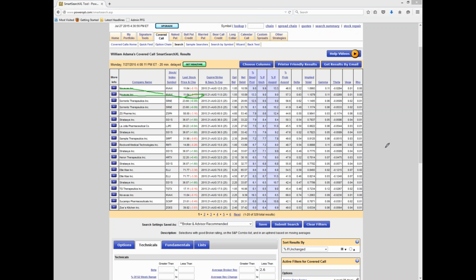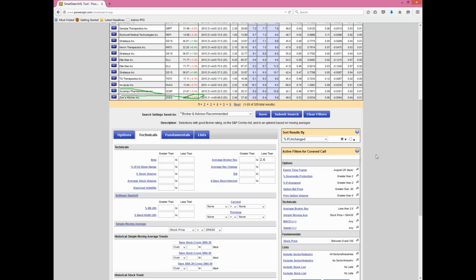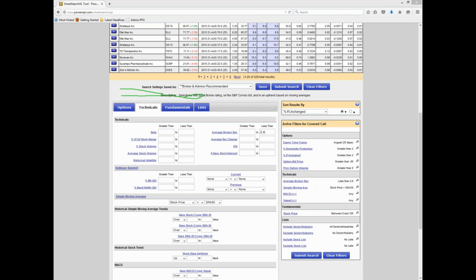Keeping with the covered call theme right now, or any of the neutral to bullish strategies, let's make some subtle changes to the search tool so we can isolate this more to sort of the stocks that we'd want. If you know what kind of stocks you're looking for as far as trend goes as well, we want to enter that right away.